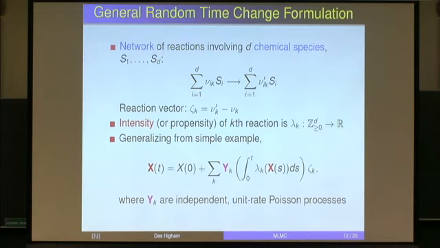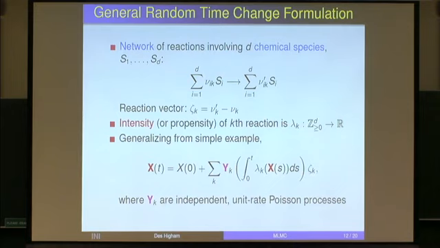If you have D species and each reaction has this type of form, there's a certain combination of species that gets converted to some other combination of species. So that's defined through this reaction vector. And each reaction has an intensity or propensity function. We're going to call that lambda k for the kth reaction.